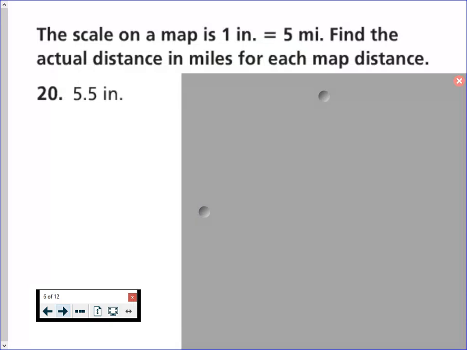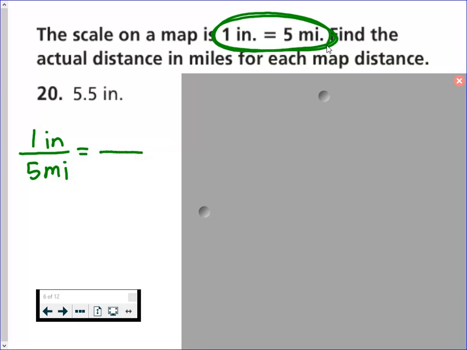New one. This time our first ratio is 1 inch, 5 miles. Labels have to match. I see a scale factor in this one.